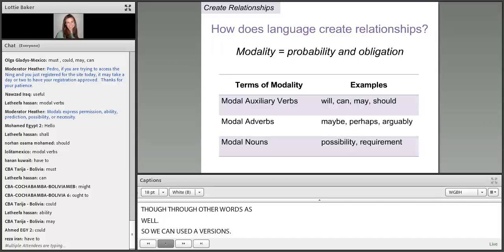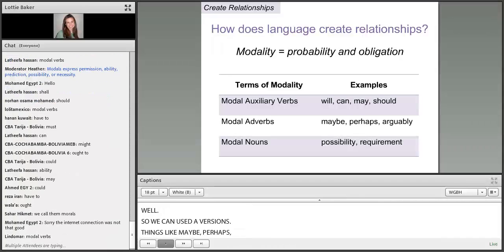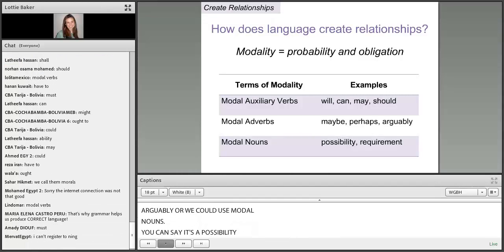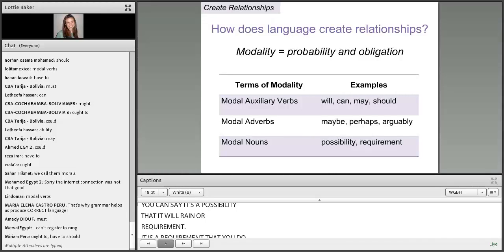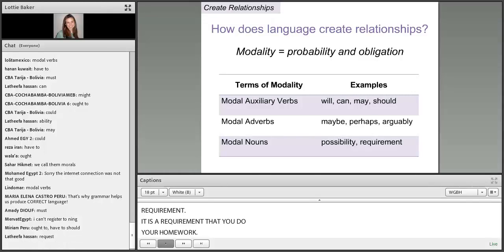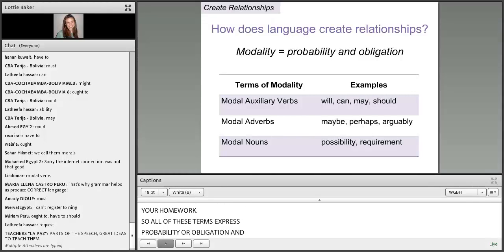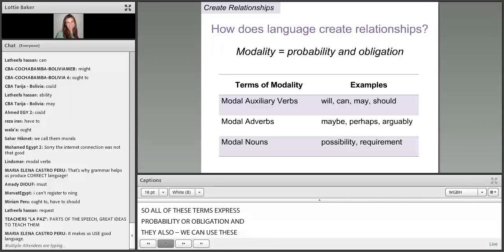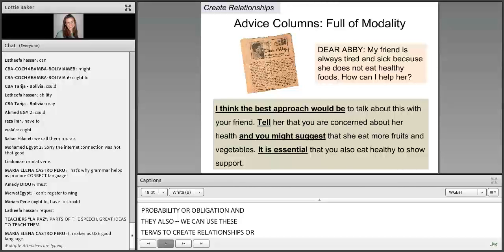Or we could use modal nouns, so possibility. We could say, it is a possibility that it will rain. Or requirement. It is a requirement that you do your homework. All of these terms express either probability or obligation, and we can use these terms to establish relationships between the speaker and the listener.